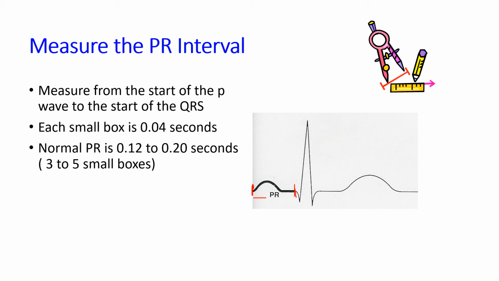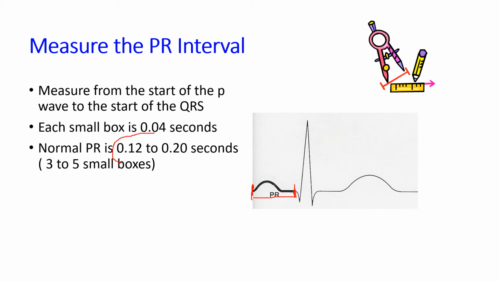So you're counting how many baby boxes between the start of the P to the start of the QRS. And again, you will count the boxes and multiply that by 0.04 seconds, and that would give you your measurement. A normal PR interval is 0.12 to 0.20.